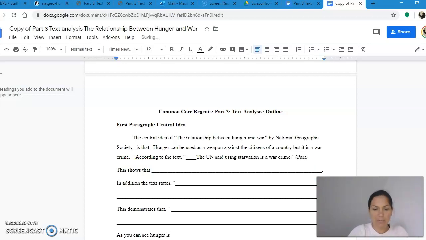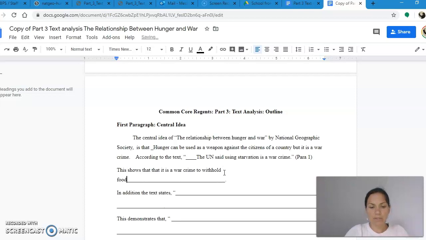Remember, that came from paragraph 1. This shows that it is a war crime to withhold. This word withhold means to keep from, to keep the food away. To withhold food from one's citizens in a time of war.